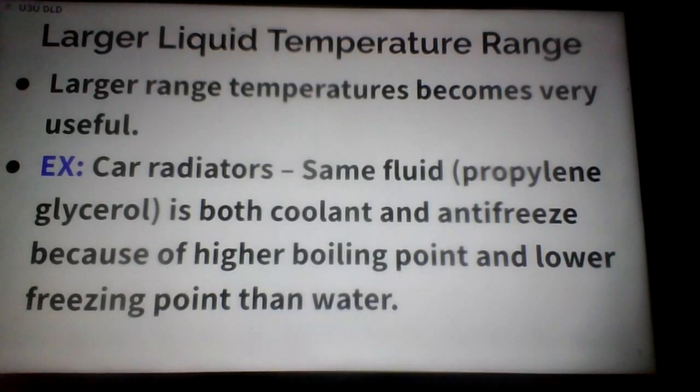In a car radiator, the same fluid, antifreeze, which scientifically is called propylene glycol, can be both a coolant and an antifreeze. The coolant helps keep the engine cool if the engine starts to get too hot, and the antifreeze keeps the engine from freezing in the wintertime if the engine starts to get too cold.